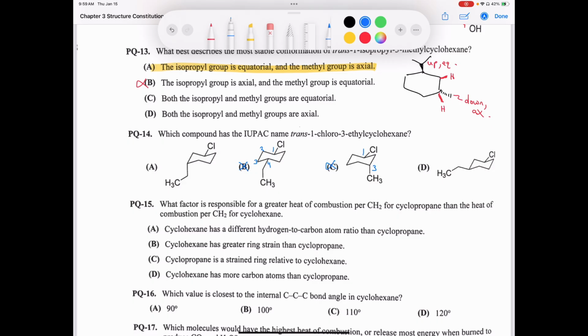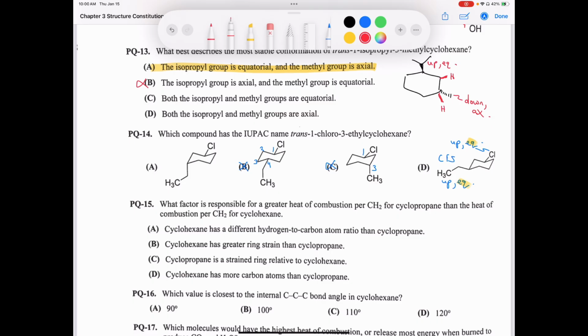Now, if we look at D, you can see that the chlorine here is up and equatorial, and the ethyl group here is up and equatorial. So if they're both equatorial, that means they're both going up in this case. So this would actually be a cis compound. This would be cis-1-chloro-3-ethylcyclohexane.